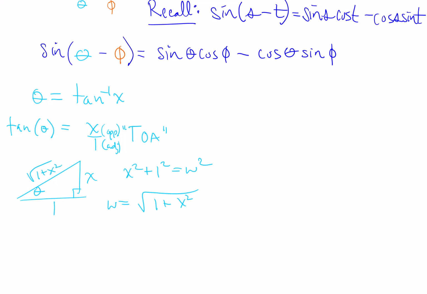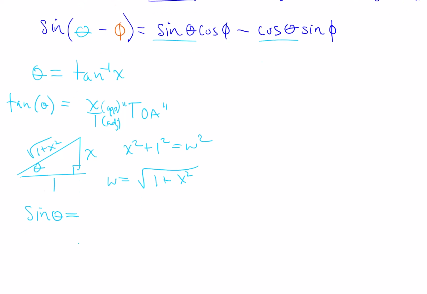Now, with that side of our right triangle labeled, of course, we can fill in any ratio we need. And what we need in our expression we're trying to simplify here is sine theta and eventually cosine theta. So let's figure this out using our trig ratios. Sine theta, using our SOHCAHTOA ratio, sine is opposite over hypotenuse, so that'd be x as the opposite over the hypotenuse, which we've just found as the square root of 1 plus x squared.